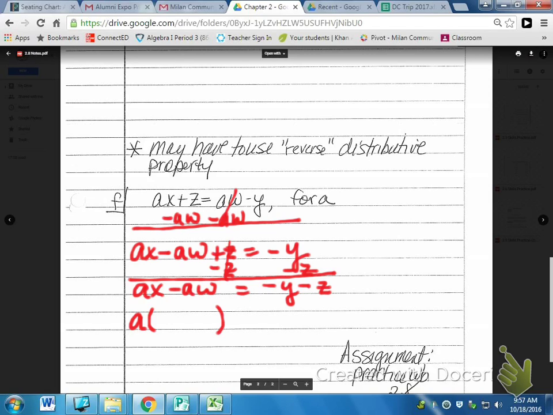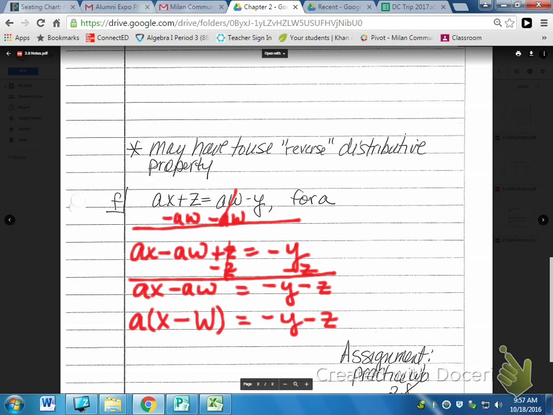Either way, I am taking the A out of both of those terms. So if I take A out of AX, I just have X. And if I take A out of AW, make sure you bring the minus down, I have W. That equals negative Y minus Z.